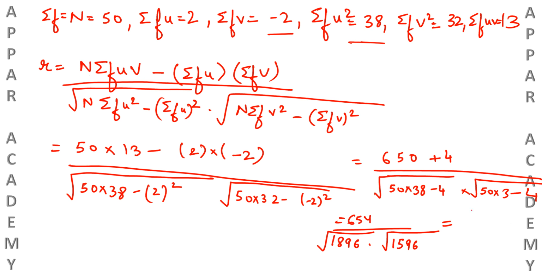So this becomes 654 upon 1739.54. Dividing this becomes plus 0.376. Right? So from here we can say the coefficient of correlation for this bivariate frequency distribution is 0.376.